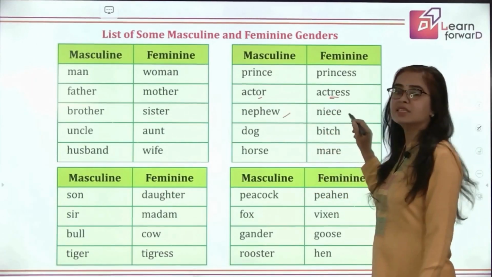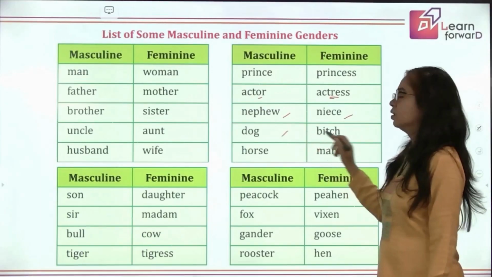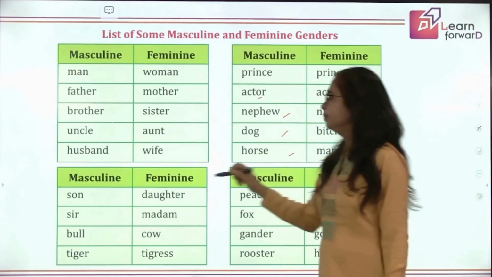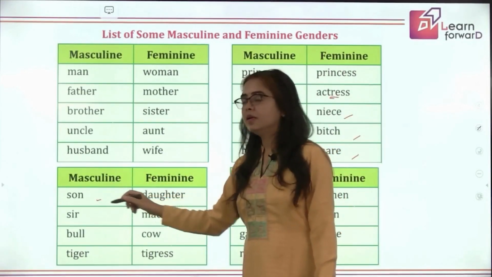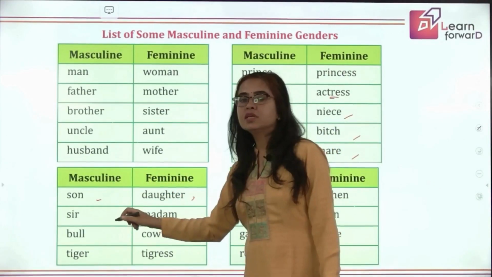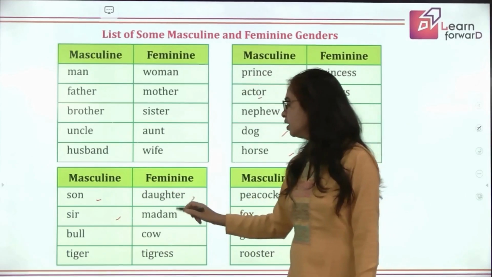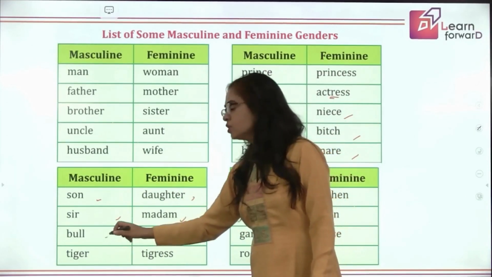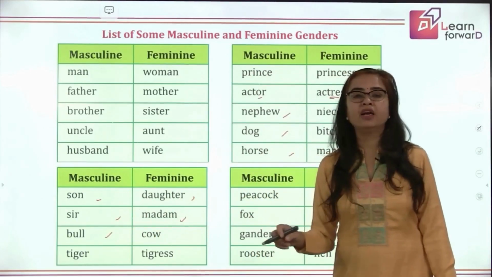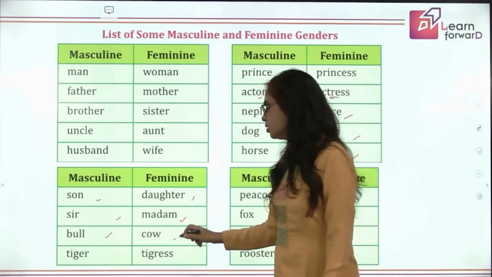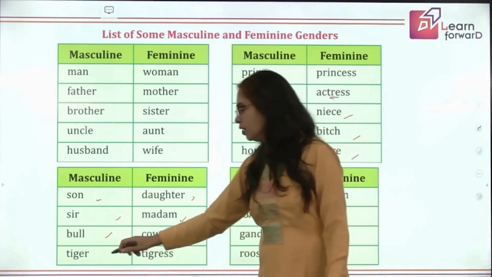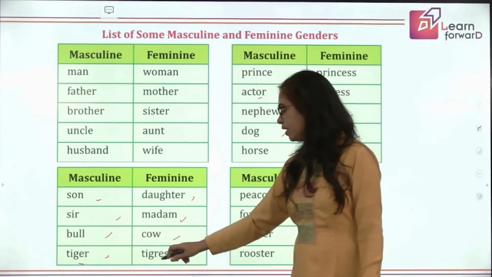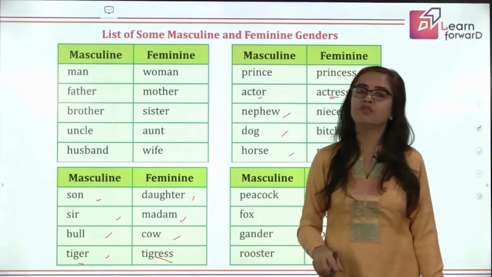Nephew is a niece. Dog is a bitch. Horse gives you a mare. Now, son is daughter. Sir, the feminine is madam. Masculine gender is bull, and for it, the feminine gender is cow. Tiger, again look at the change in spelling. The E gets removed and it becomes tigress in the feminine gender.